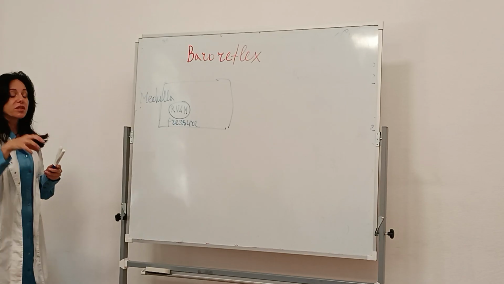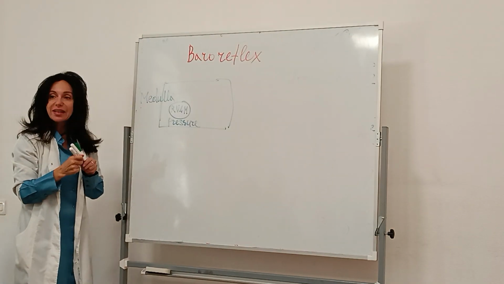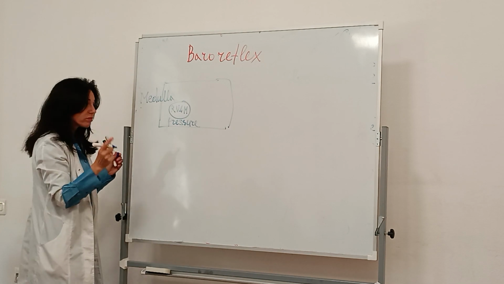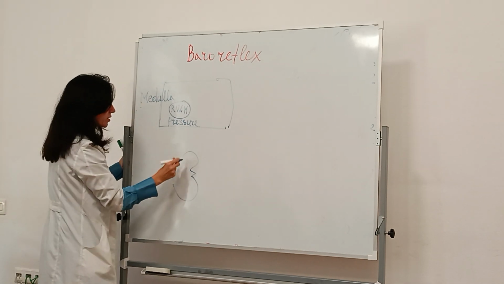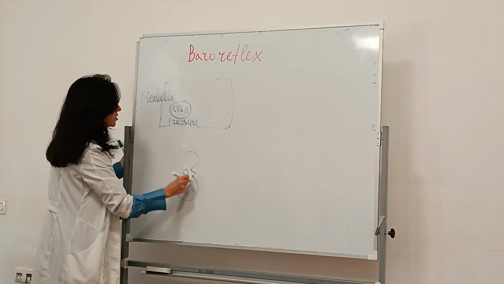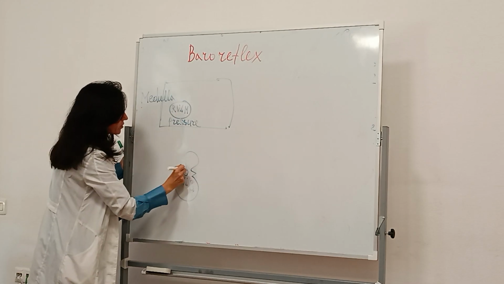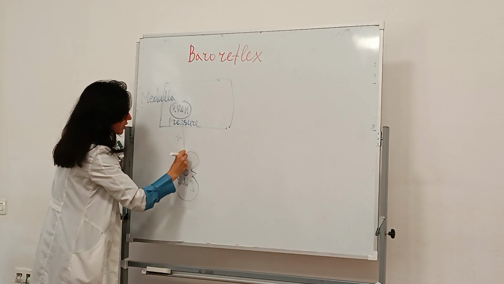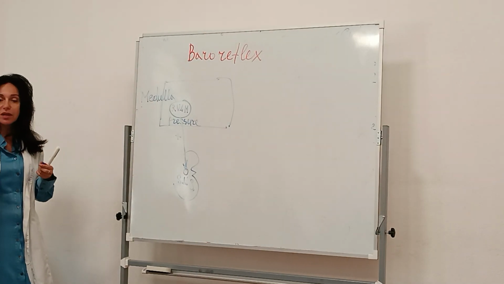This pressure center increases activity of the sympathetic nervous system. Sympathetic preganglionic neurons activate and increase tonic activity. Every part has tonic activity, some background activity.